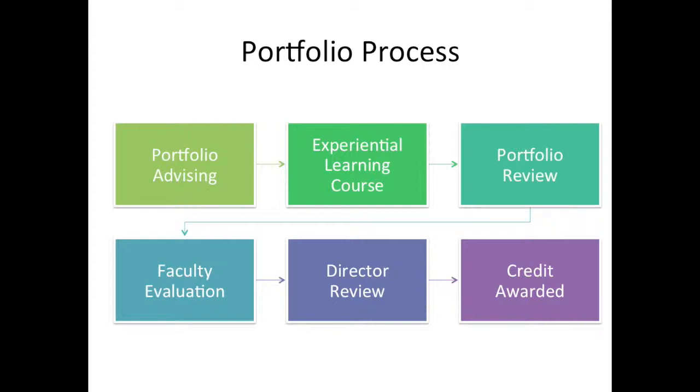So here's the portfolio process. It starts with that light green color off to the left-hand side of the slide, where it's portfolio advising. Many of you probably already had this. You probably met with Eileen already and have a good idea of what courses you would like to challenge.